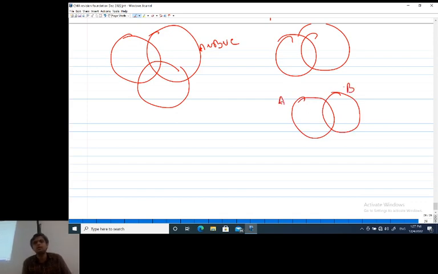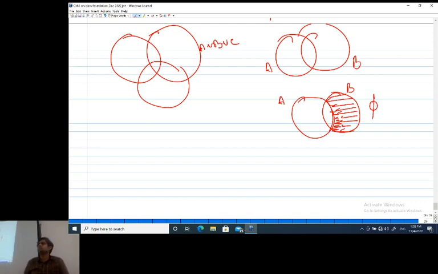A, B, A, B. Tell me, B minus A means elements in B but not in A. A intersection B minus A means elements in A which are also in B. Definitely this is not possible, because A ends here, and B minus A starts from here. There is nothing common, so this is always an answer.